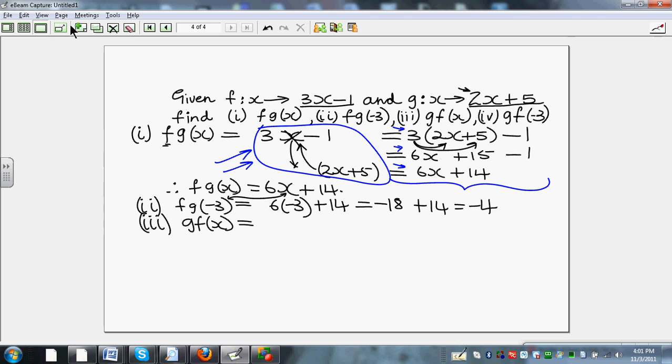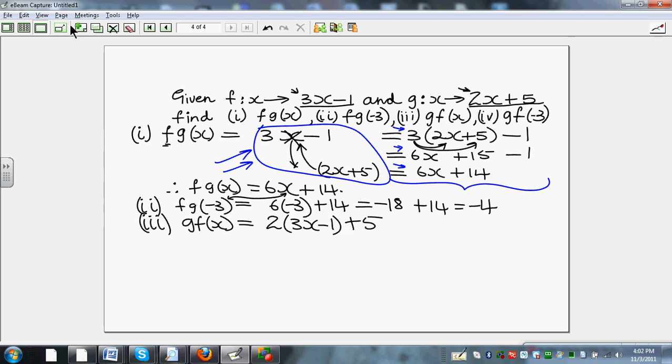And f of x is 3x minus 1. So in 2x plus 5, we will replace x by 3x minus 1. So we write 2, open brackets, instead of x, we'll place 3x minus 1, close brackets, and then add 5.